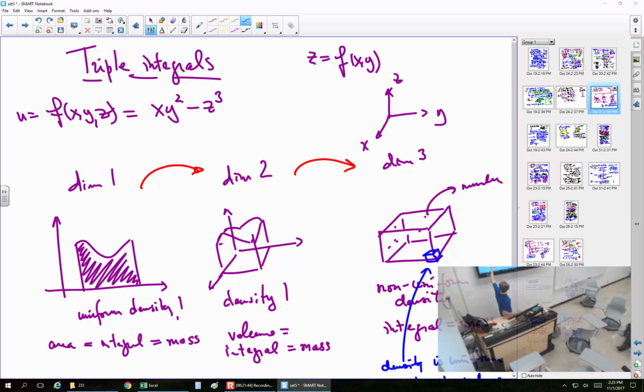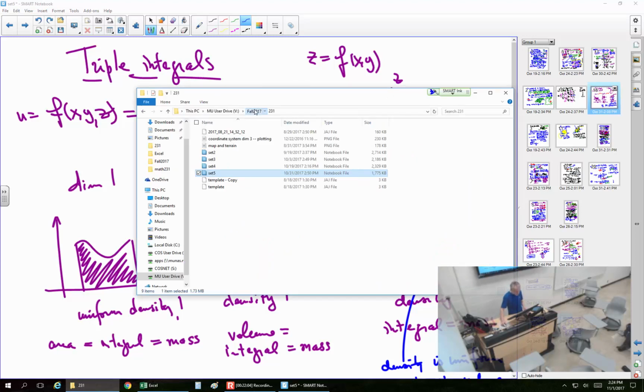Curved surface, but everything else is straight. In dimension 3, we couldn't even visualize anything curved. What is curved are the level surfaces within this box, but it's still a box. And remember what we started with. In fact, this topic is with the volume.